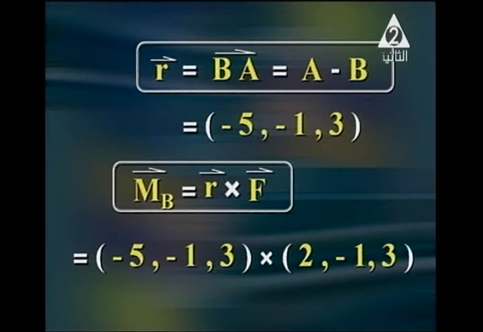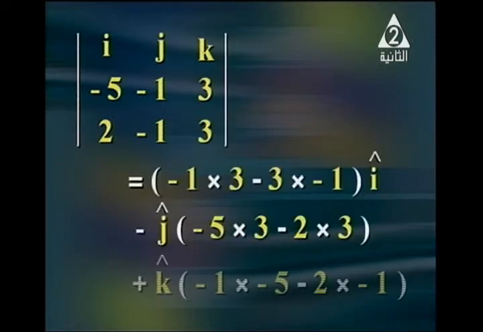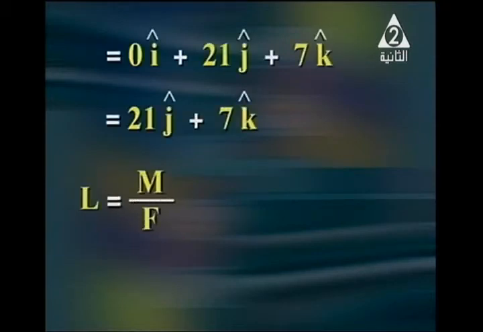What is the F vector? 2, negative 1, 3. By using a determinant, dear student, look at the determinant: it contains 3 rows and 3 columns. What is the first row? I, j, k. What is the second row? The coefficients of x, y, z, and then the coefficients of F.